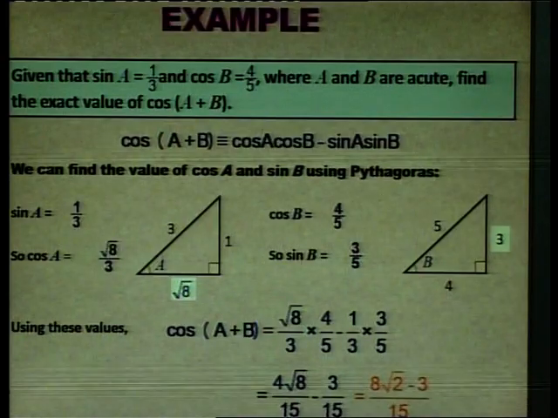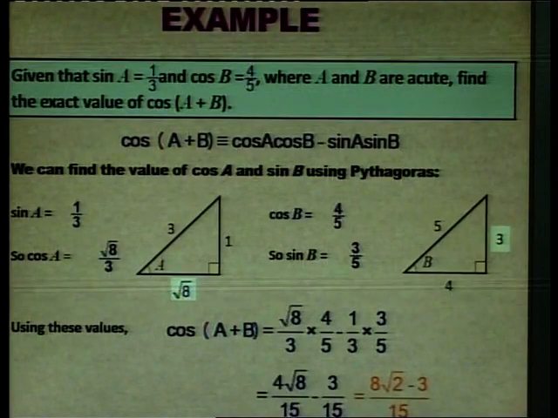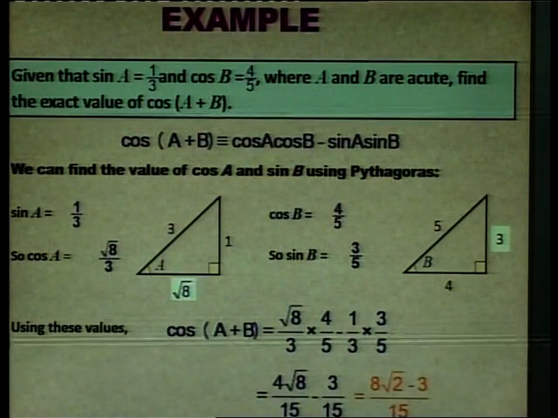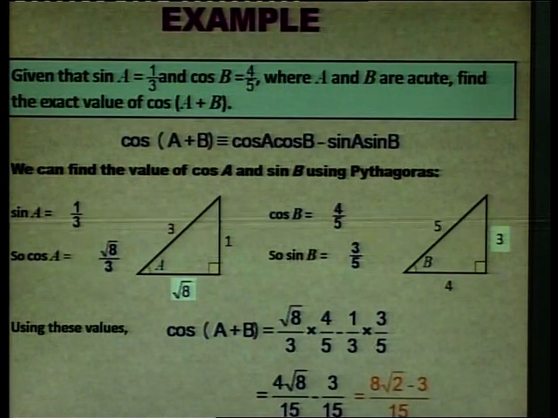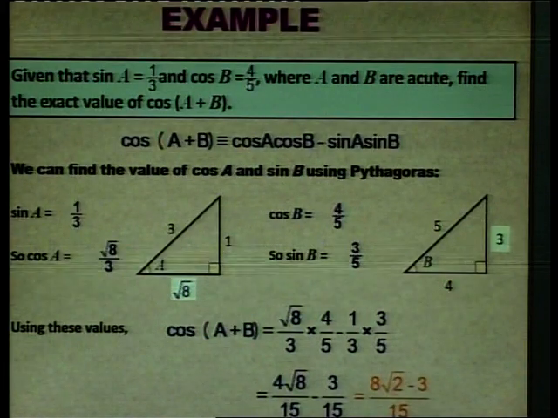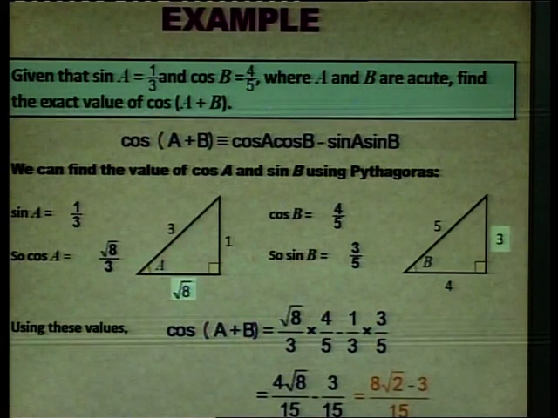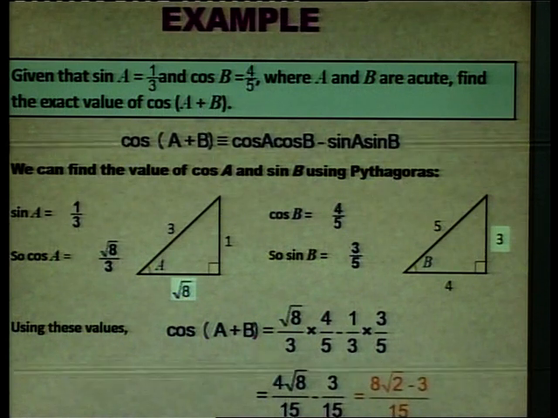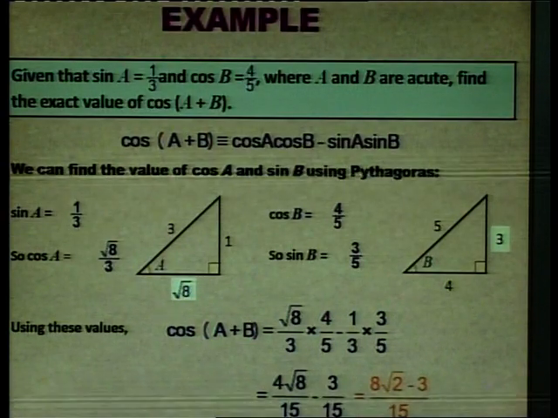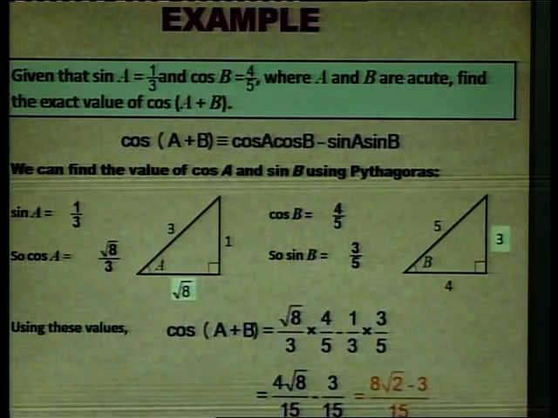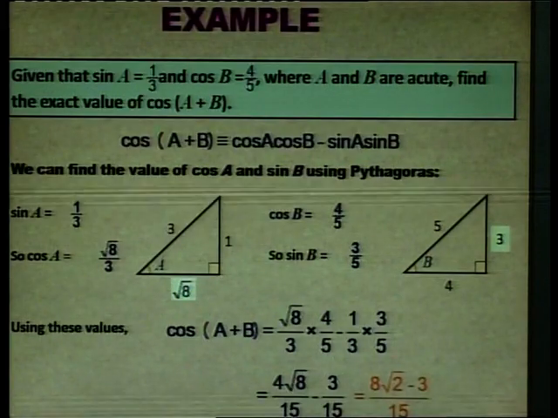But they may go in some other quadrant also, because in the first quadrant all are positive, in the second sine is positive, in the third tangent is positive, and in the fourth cosine is positive. So, in the fourth quadrant cosine is positive as well as sin A is 1/3. In the first quadrant sine is positive and cosine is positive, so I am choosing A and B to be acute angles.